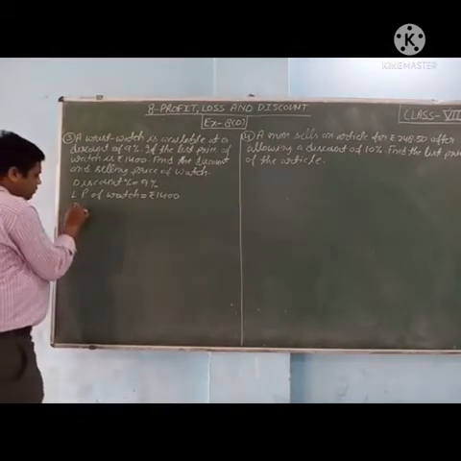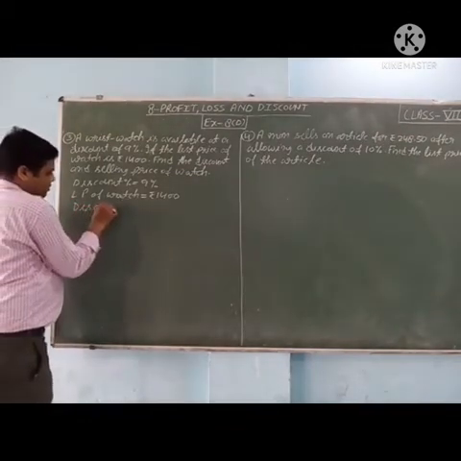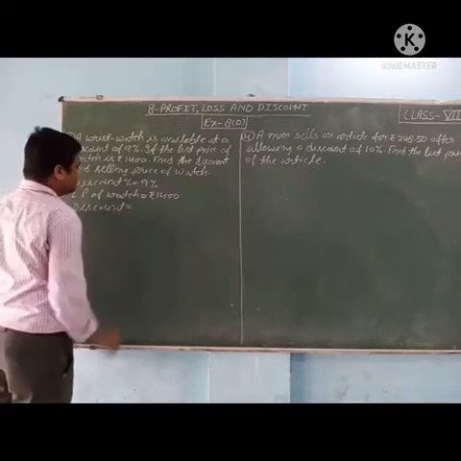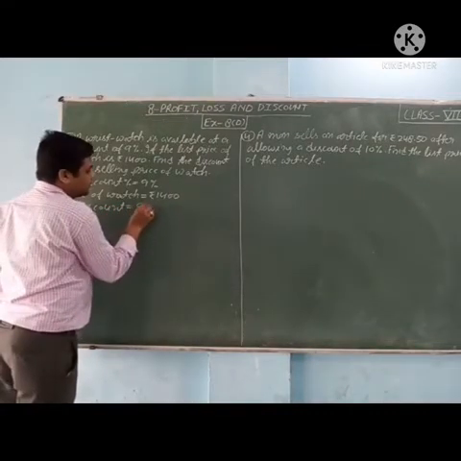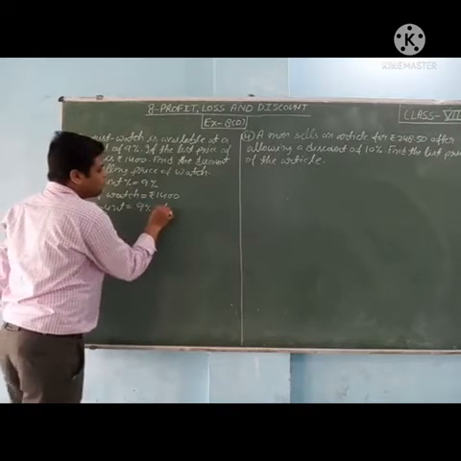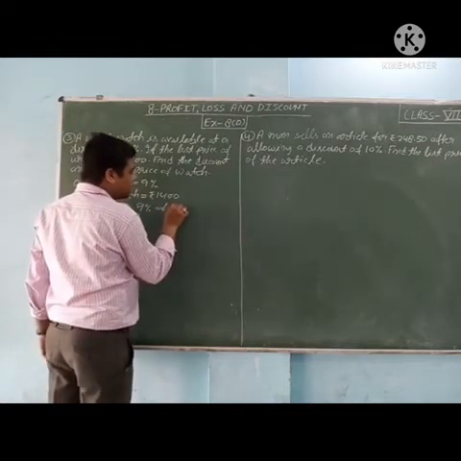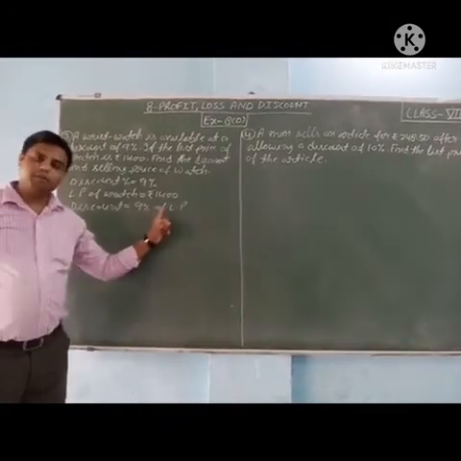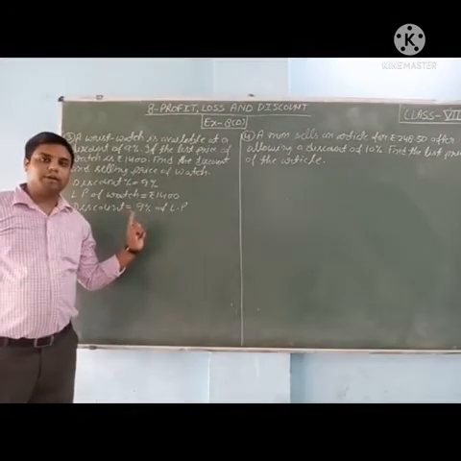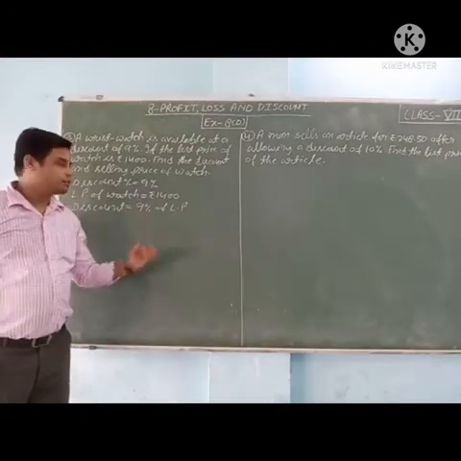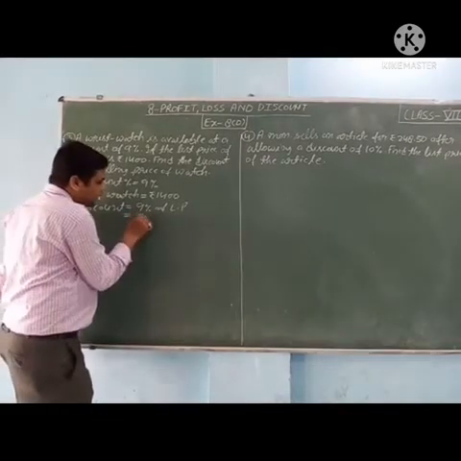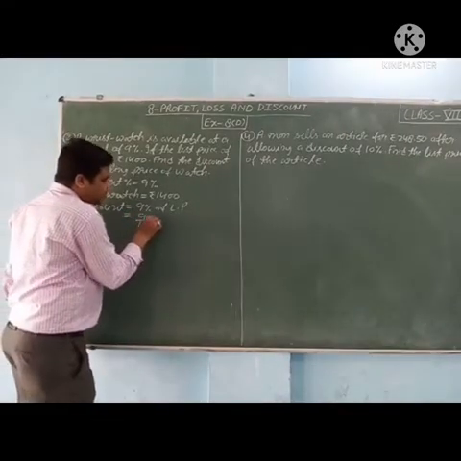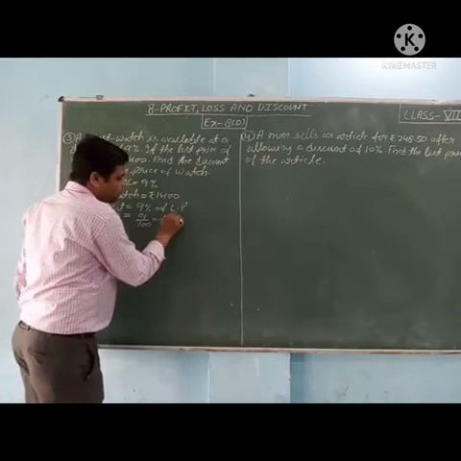Discount is equal to how many percent? 9% of mark price or list price. Discount is 9% of list price, because discount is always calculated on mark price or list price. So it is equal to 9 upon 100 of rupees 1400.